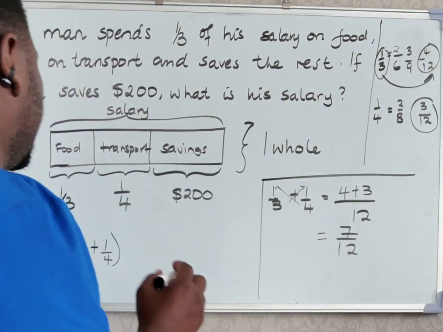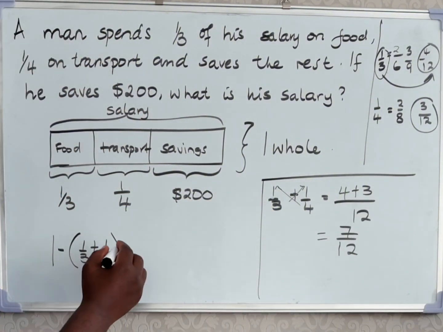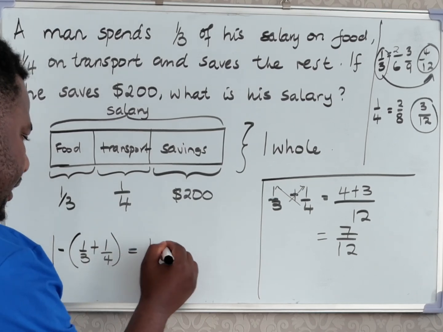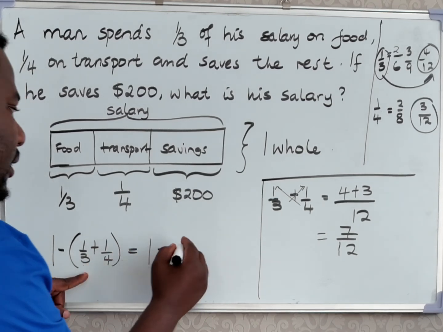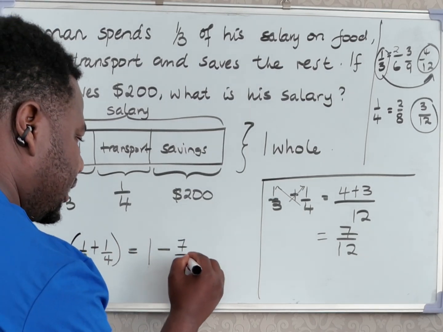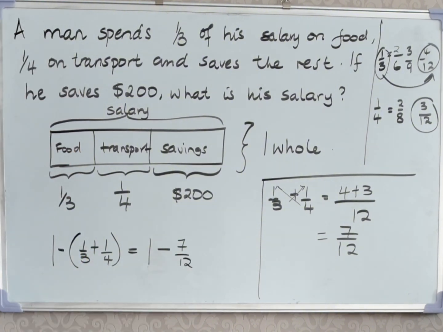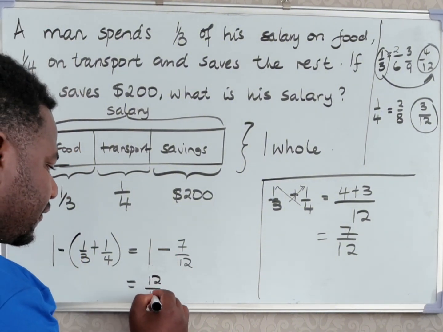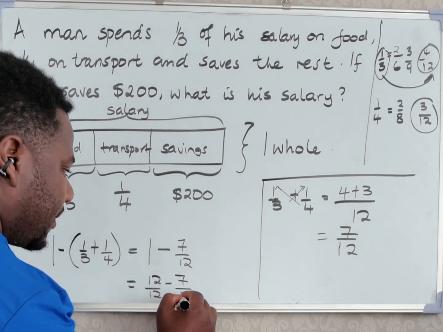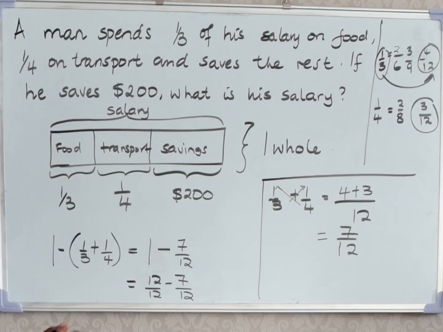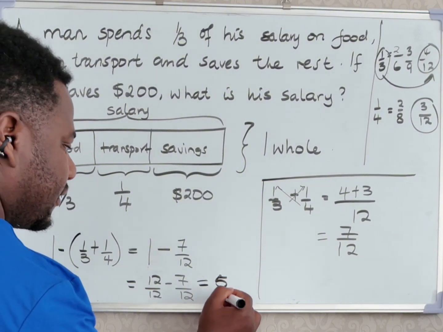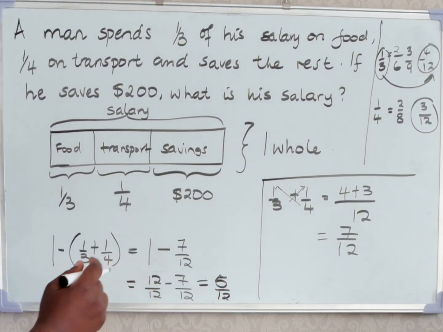So we now know these two here. So we can say 1 whole minus, because we simplified this and we say this is equal to 7/12, right? So 1 whole is equal to 12/12, take away 7/12. When you subtract, we get 5/12, right?